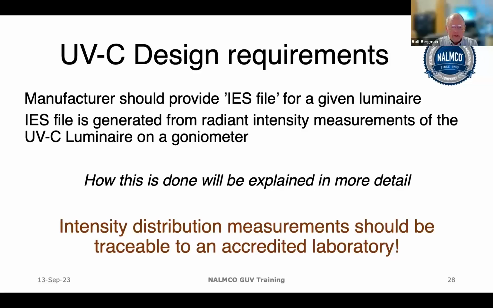And we're going to explain how this works in some detail. The intensity distribution of the IES file usually should be traceable to an accredited laboratory. In other words, if the manufacturer provides it, he should be able to say who made the measurements and whether that laboratory is accredited. If it's not accredited, then you may question its accuracy.